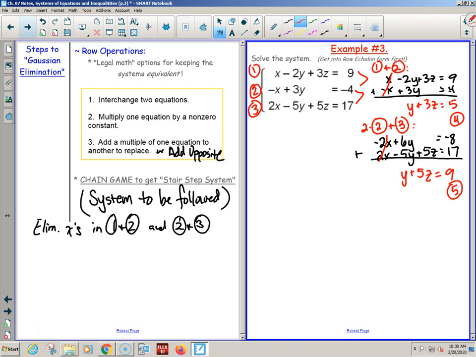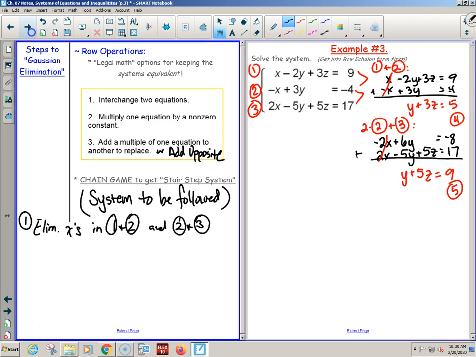The only variables they have will be y and z. So right away, Nathaniel, I'm at that second row of my row echelon form, having eliminated one of the variables. Now it's time to eliminate the next one. I got rid of x's, that's awesome. Now it's time to get rid of, you see it? Let's get rid of those y's.